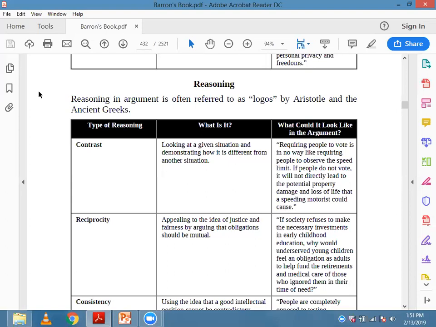Now, the next type is reciprocity, okay? Reciprocity, as the name suggests, is about mutual obligation. It is related to the idea of justice and fairness. Fairness, as we know, as a society, everyone believes in this idea of reciprocity.